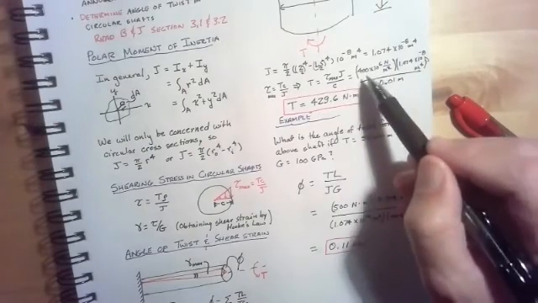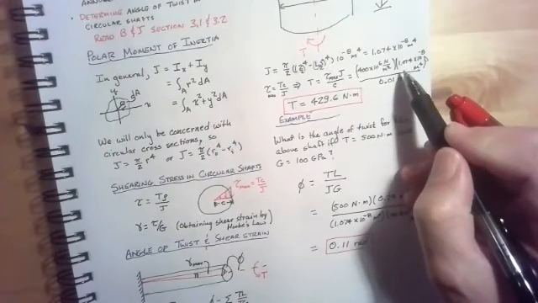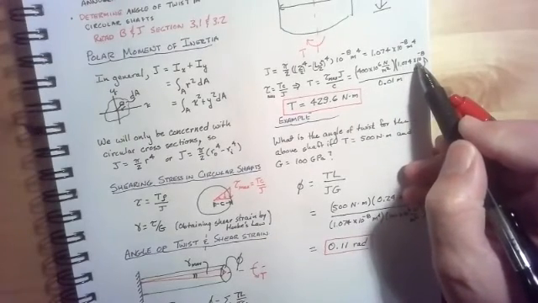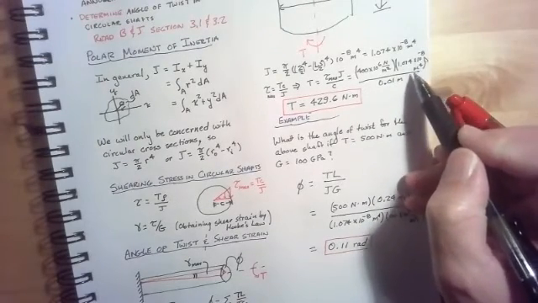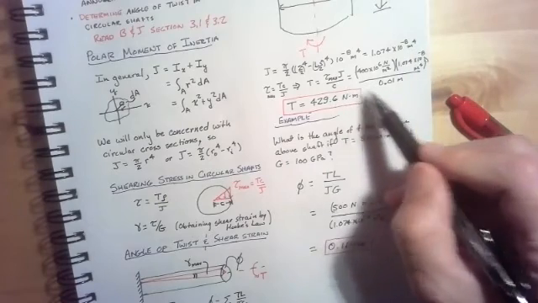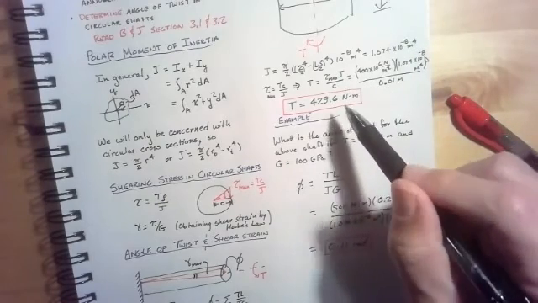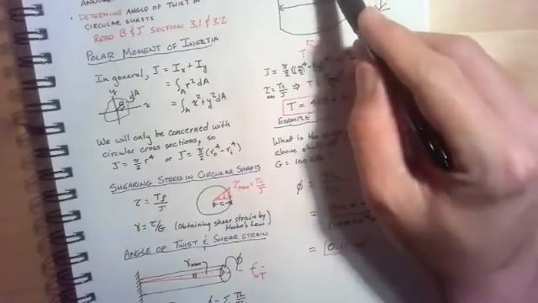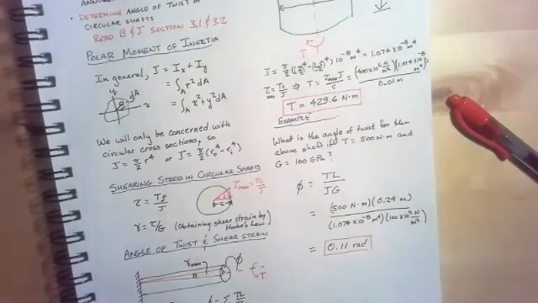That's 400 megapascals times 1.074 times 10 to the negative 8 meters to the fourth. And then C is 0.01 meter. That would be the outer radius. So the torque required to develop the stress of 400 megapascals is 429.6 Newton meters.